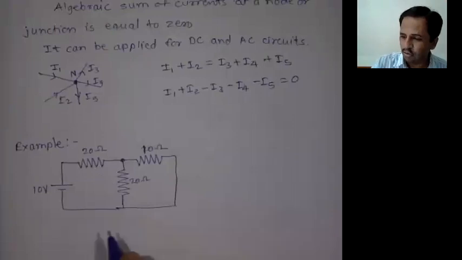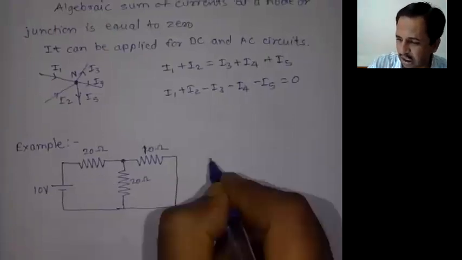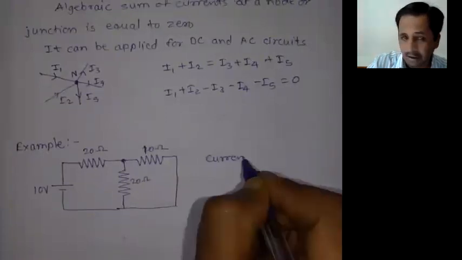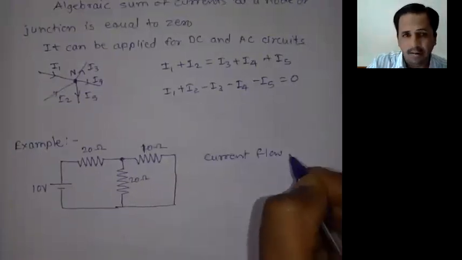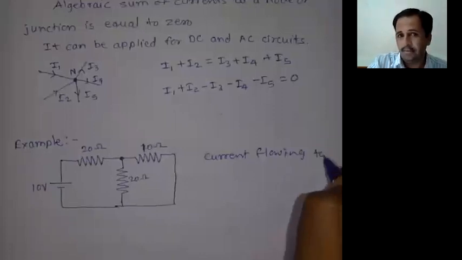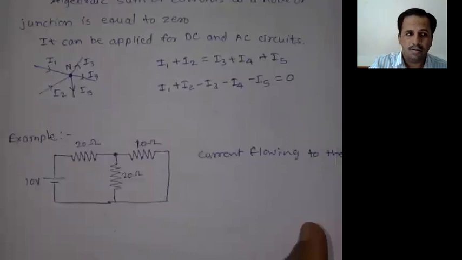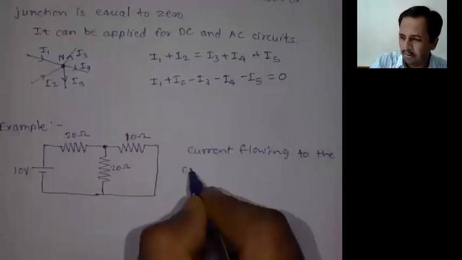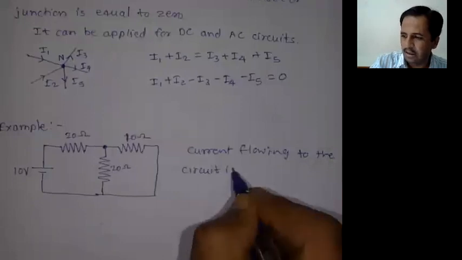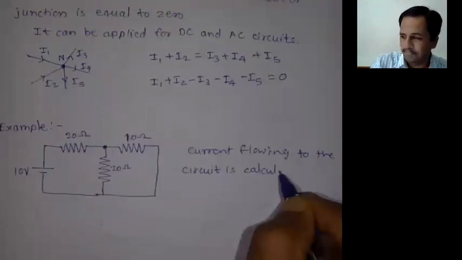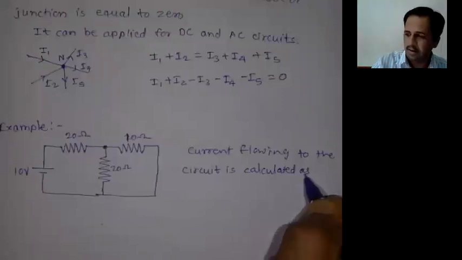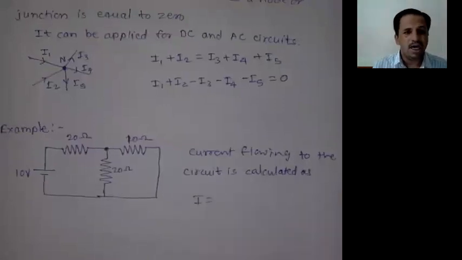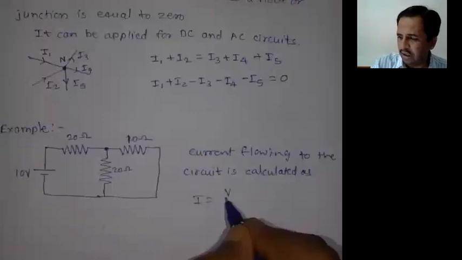The current I flowing through the circuit is calculated as I equal to, what is that I? Whenever we have to calculate the current flowing through any circuit, we use Ohm's law, and here by using Ohm's law, we represent it as V upon R.